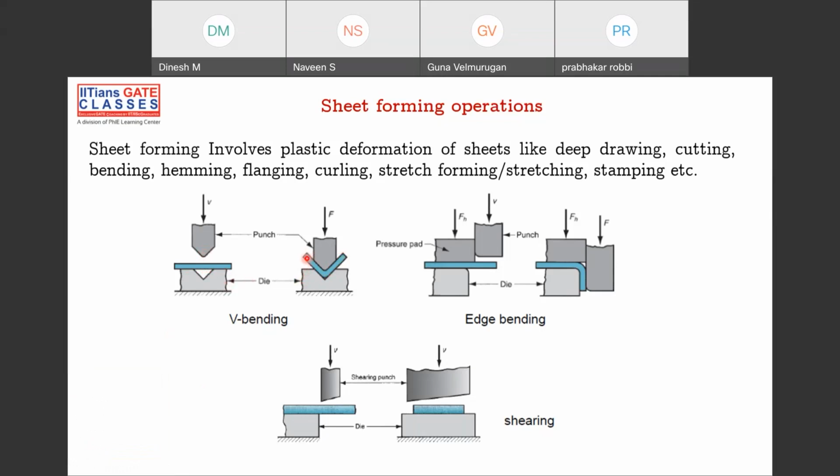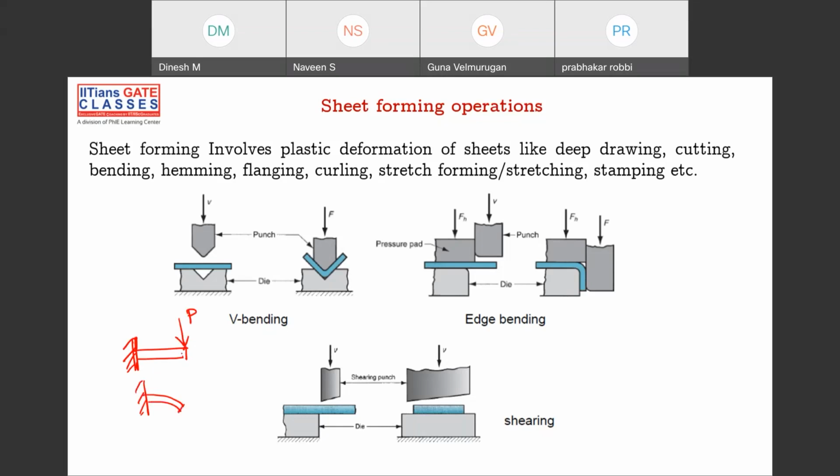It means that you are trying to bend the material. In bending, you had a cantilever beam, if you remember, and you apply some transverse load P, and you see it bends.